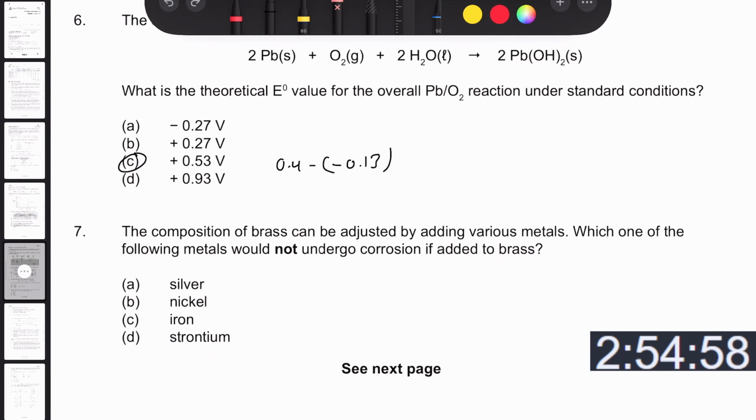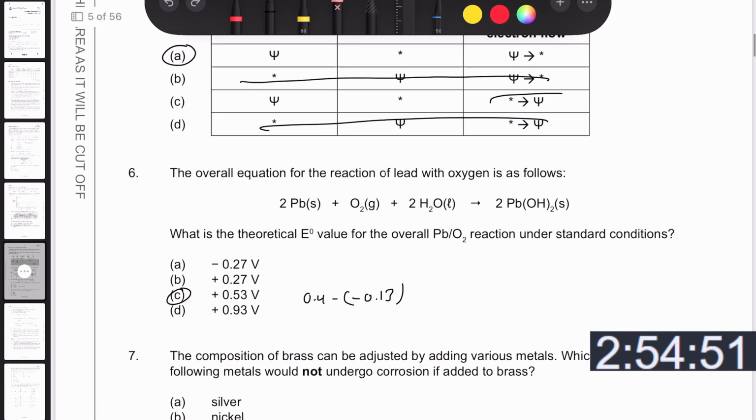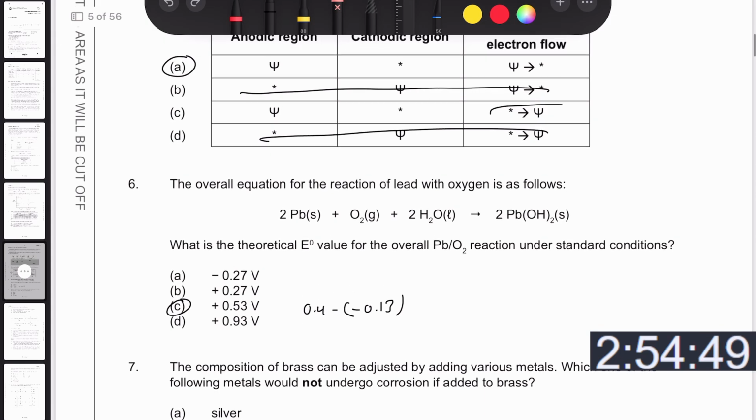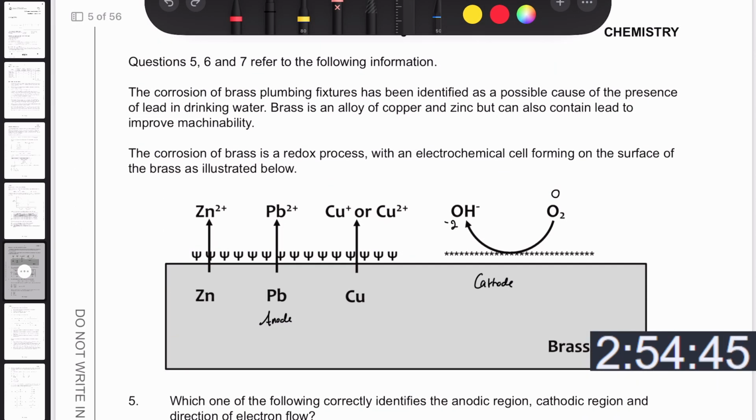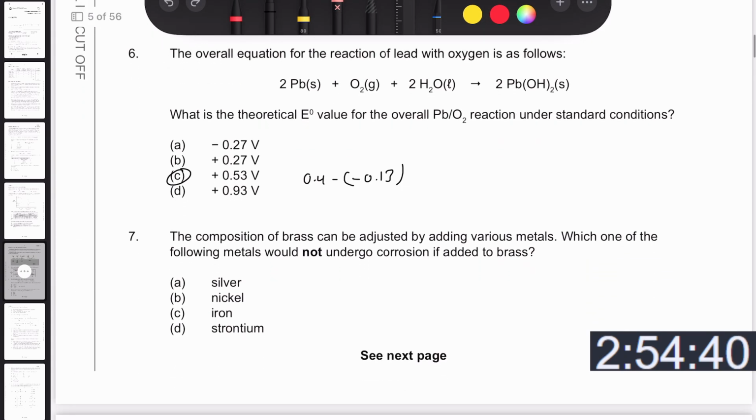Okay. The composition of brass can be adjusted by adding various metals. Which of the following would not undergo corrosion if added to brass? So zinc, lead, and copper. If we added silver, it would not.